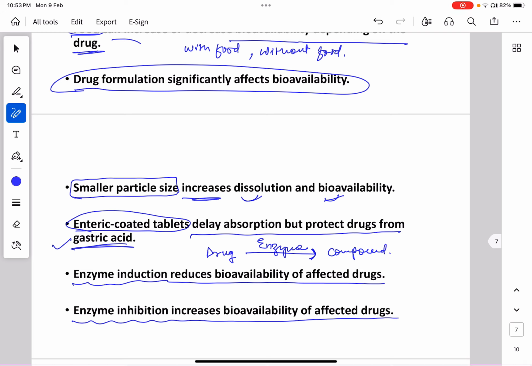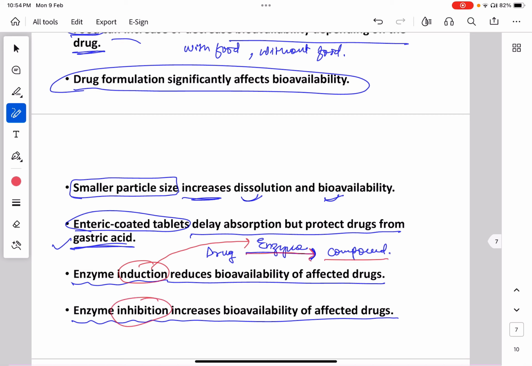Enzyme induction means an increase in the availability or function of that particular enzyme, so the drug is broken down, converted into another compound.